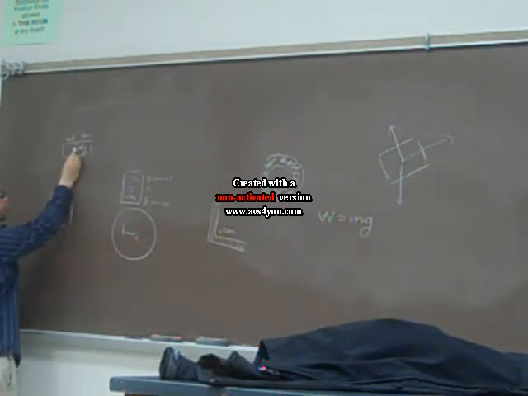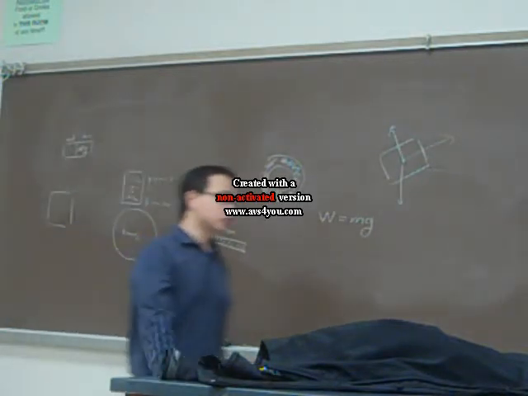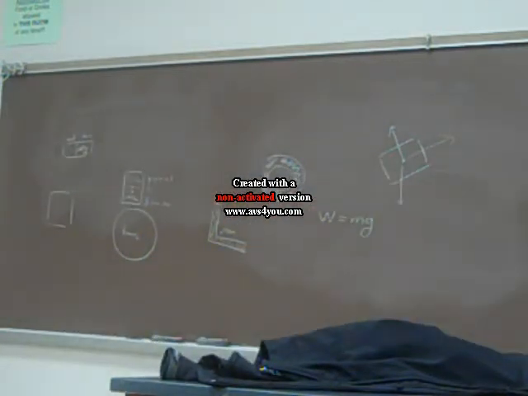Of course, the center of geometry is here, but center of mass should be somewhere here. So, again, the center of mass and center of geometry depend on each other.